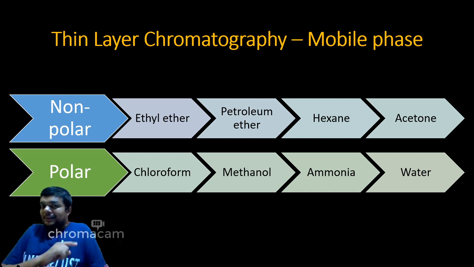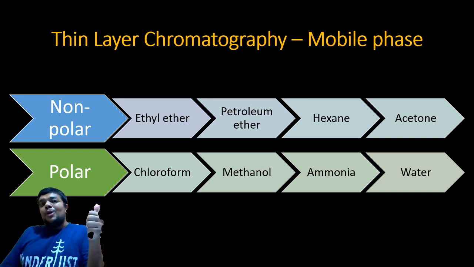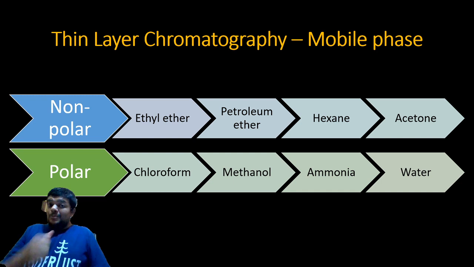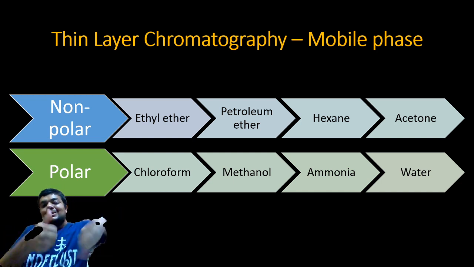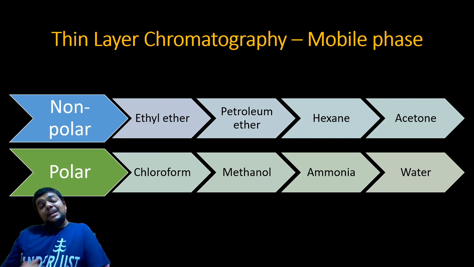See what I am saying. Listen to it very carefully. The one that is more non-polar is less polar and the one that is more polar is less non-polar. This is the beauty of solvents, and these beautiful solvents are then applied as mobile phase in thin layer chromatography.